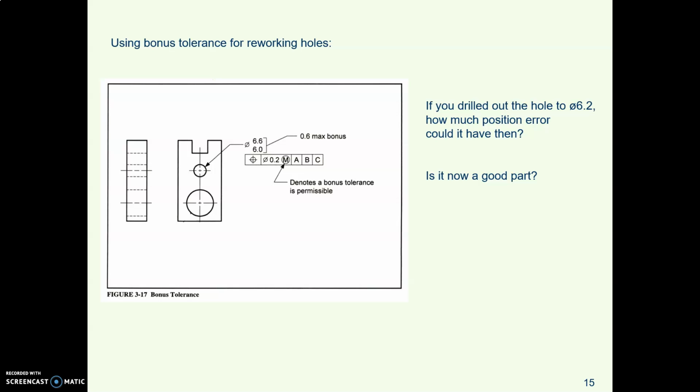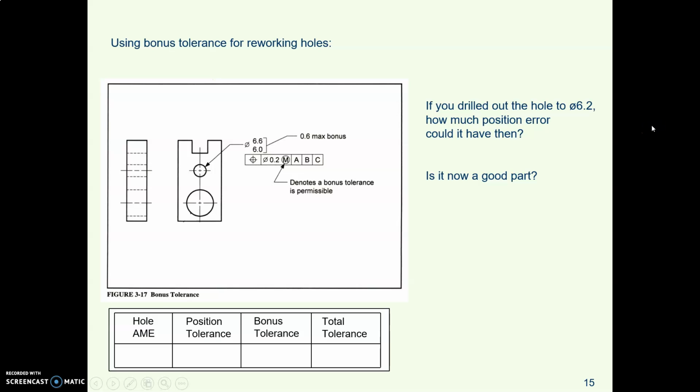But what if you come along and you drill out the hole? And you may have done this on objects in your life, I don't know. If something won't fit, you drill it out. So let's say now we drill out that hole. It's still out of whack. It's out of position, but we make it bigger. So now the actual hole is 6.2. We start with an original tolerance of 0.2, but now we get to add a bonus of 0.2 because we departed from MMC.